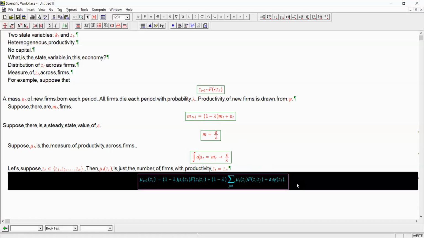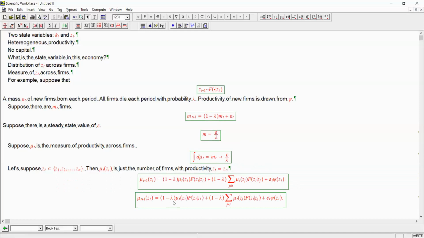And of course, this can be simplified because this is dealing with the possibility of going from zi to zi. This is dealing with all the other ones. You can just smoosh this all together and see that this is adding up over all the possible values of j, which goes from, of course, 1 to n.